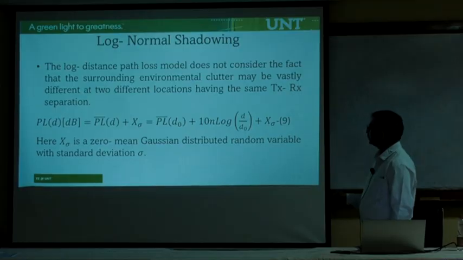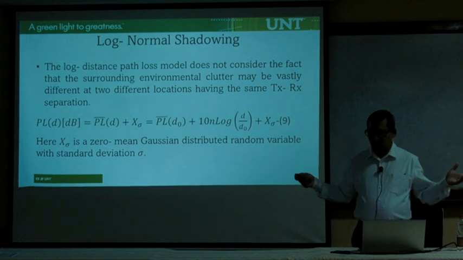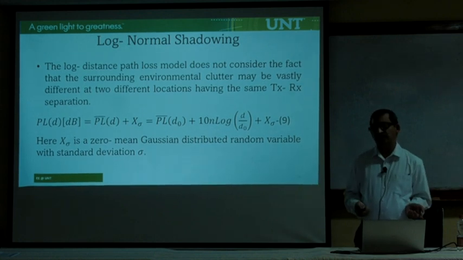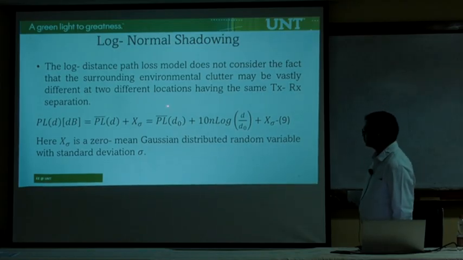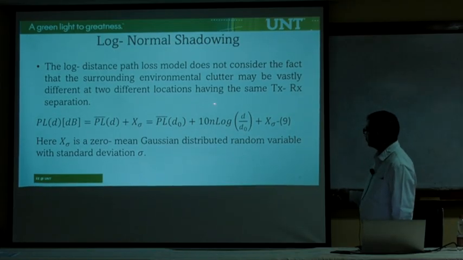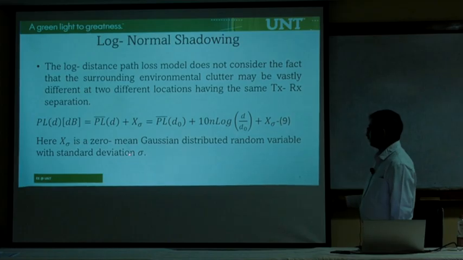This is called the log normal shadowing model. The log distance path loss model does not consider the surrounding environmental clutter. Clutter means a lot of buildings, or maybe a lot of trees and shrubs. So basically you add a random variable that has a Gaussian distribution.